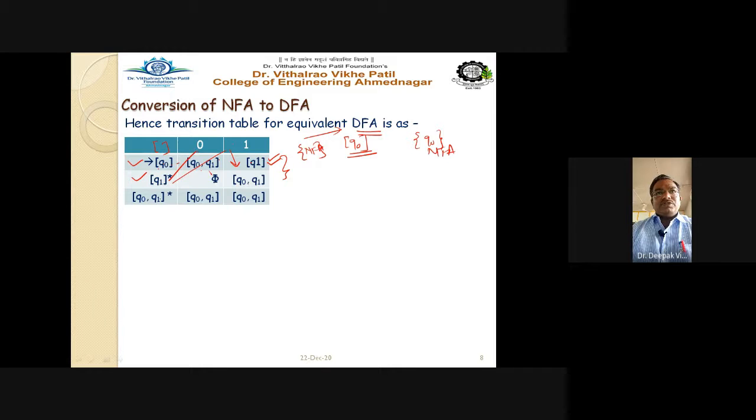Only the transitions we have found out are new: Q0, Q1 on 0 input goes to Q0, Q1, and Q0, Q1 on 1 input again goes to Q0, Q1, right? And Q1 is the final state in your given NFA. So in the resultant DFA, wherever you find this Q1, you mark it as a final state. That's why this state is also marked as a final state, right?